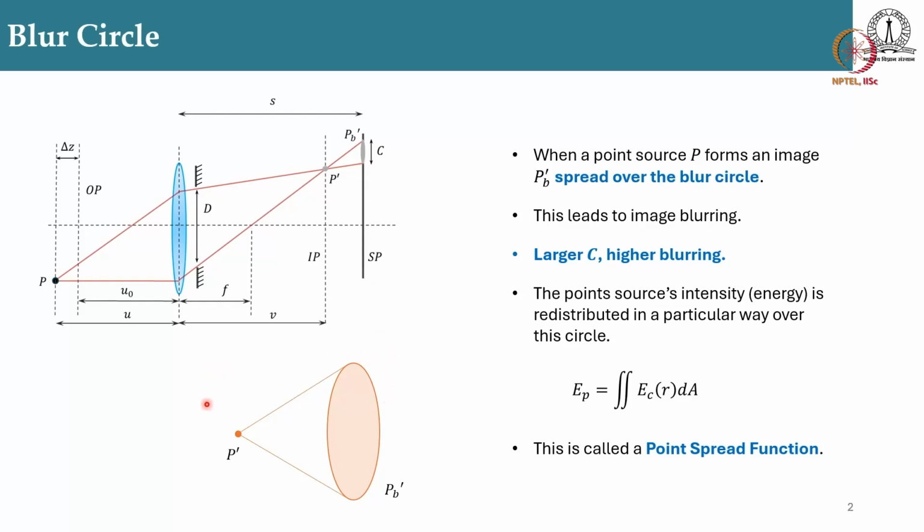Represented in this form, this is just spreading of information, like a map from a point to an area. So we need a function that maps this, and this is known as a point spread function. As the name suggests, it describes the spatial distribution of intensity within this circle corresponding to a point information.